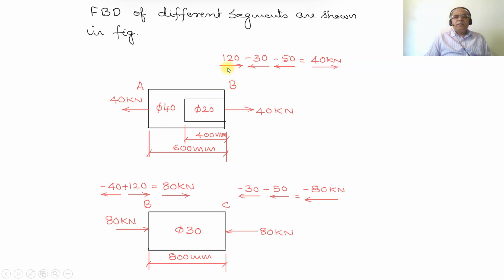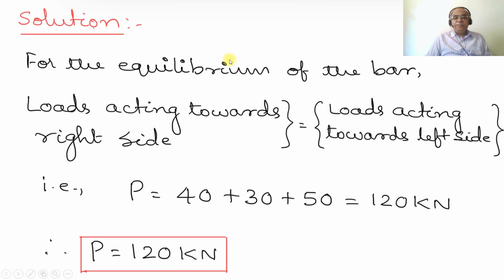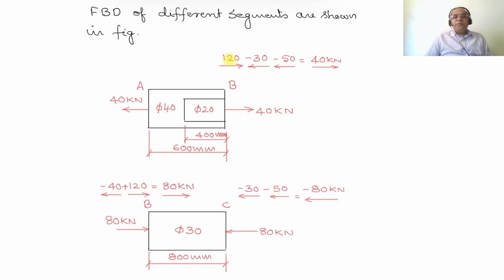At point B it is 120 kilonewton acting towards the right side, because it is the P value we found. Then we have minus 30 at C, because the load acting towards the left side is considered negative, and again minus 50 at D.